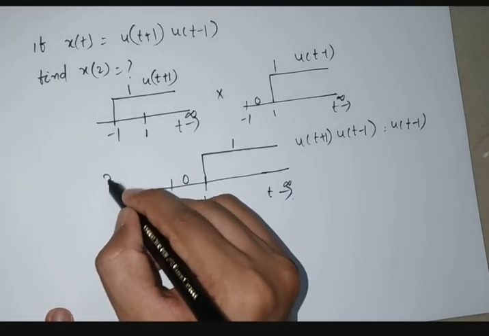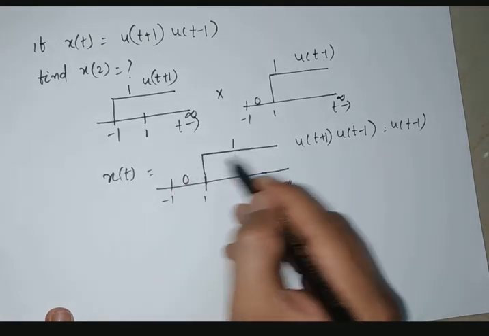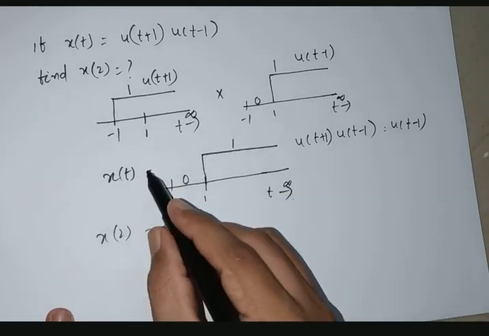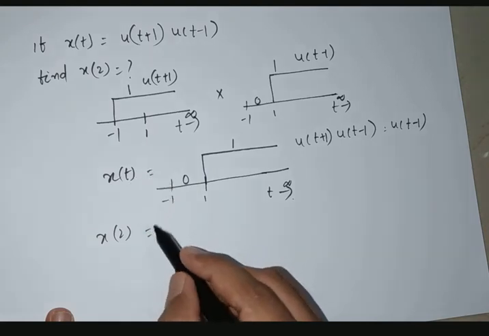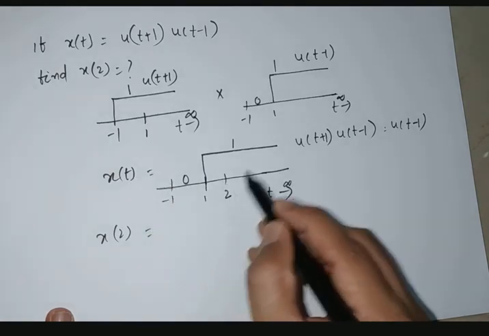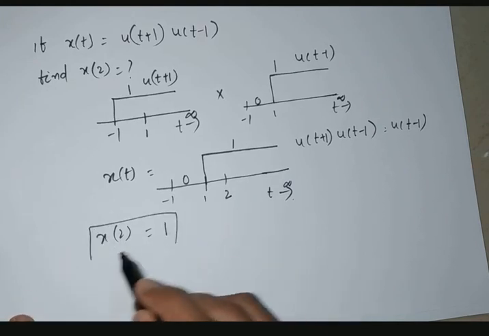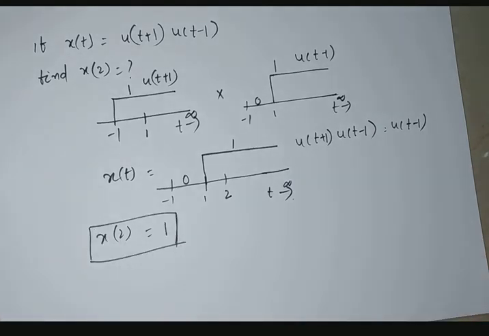Now this is your x of t. What is x of 2? x of 2 means x of t for t equals 2. For t equals 2, the value is 1. So x of 2 equals 1. Okay, clear? So this is our multiplication.